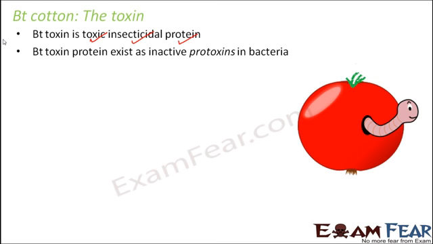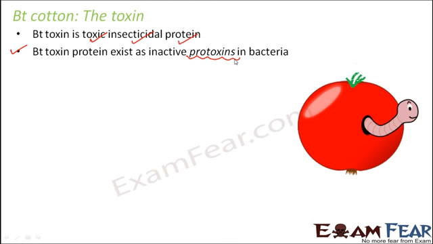That is because the protein exists in an inactive form called protoxin inside the bacteria. As long as it is present inside the bacteria, it is in inactive form, so it is not poisonous. But as soon as it is taken up by the insects, the protoxin gets converted into the toxin. That is, it actually becomes toxic and then it kills the insects.